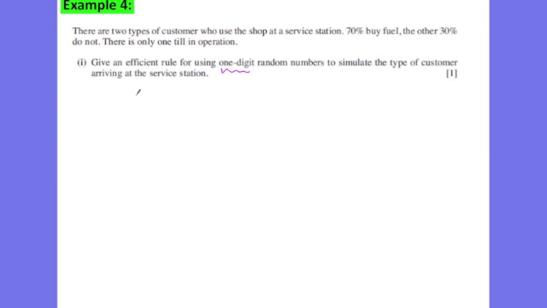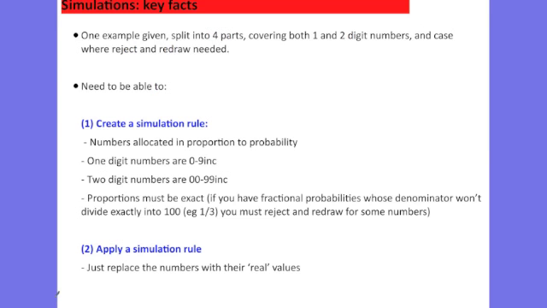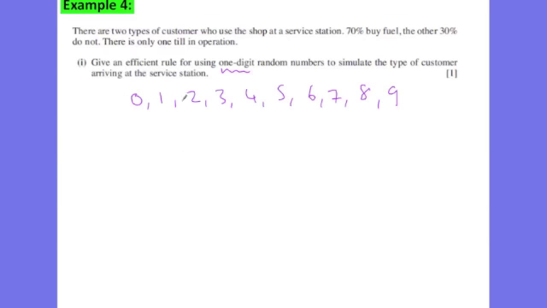So 1-digit random numbers are from 0, 1, 2, 3, 4, 5, 6, 7, 8, and 9 inclusive. So on a previous slide here, where we were talking about 1-digit numbers 0 to 9 inclusive, these are the values here. So there's 10 numbers.